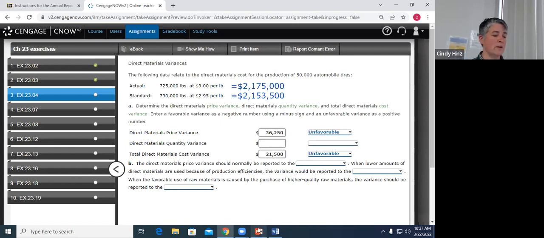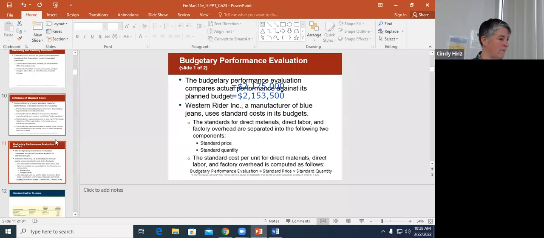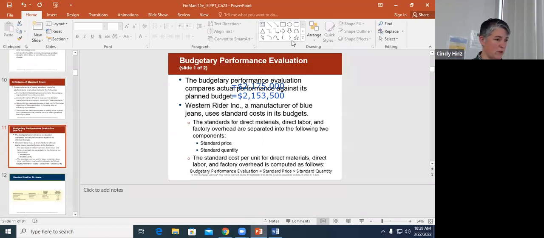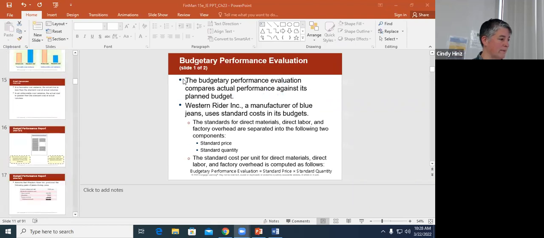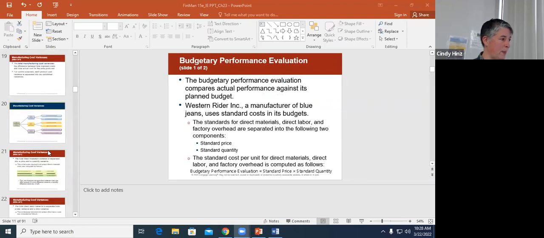In your textbook and in the PowerPoints, if you find it beneficial, ignore my numbers there.